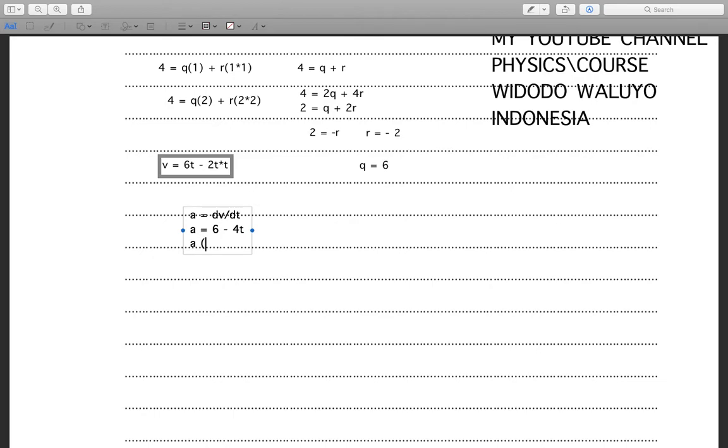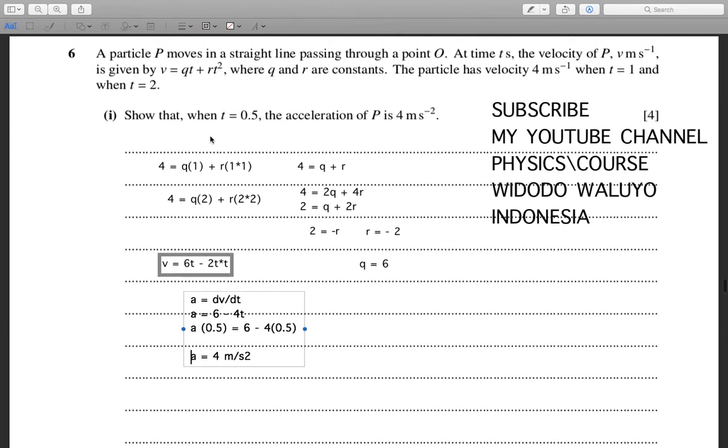When t equals 0.5, we substitute: 6 minus 4 times 0.5. So a equals 6 minus 2, which is 4 meters per second squared. That is the answer, the same as what was to be proven.